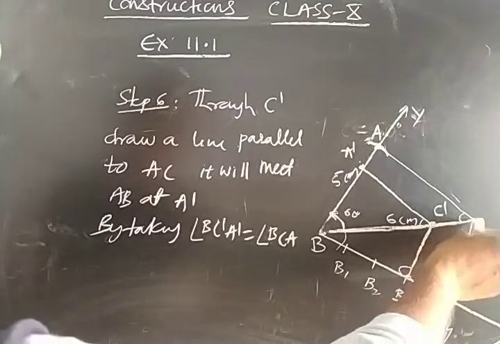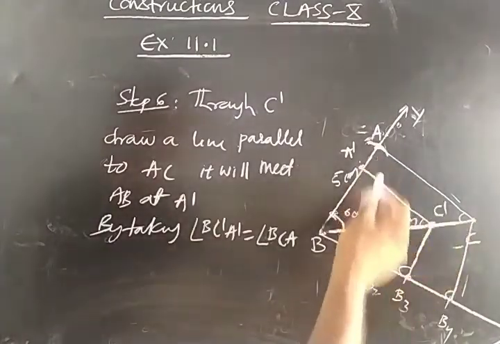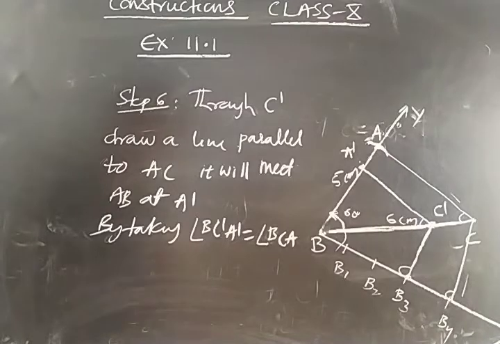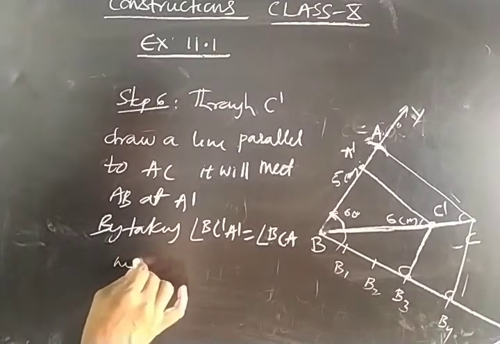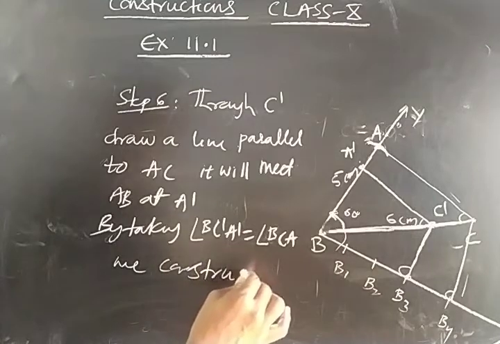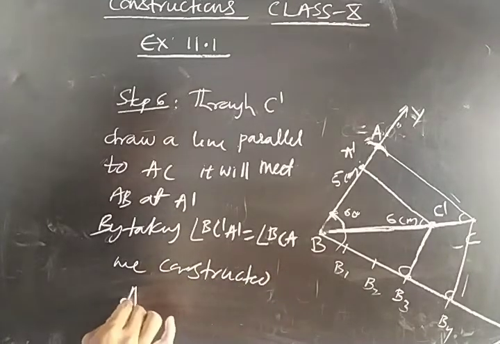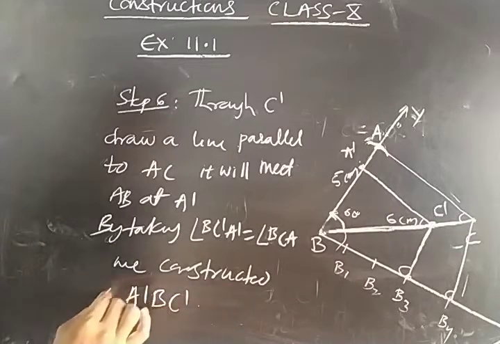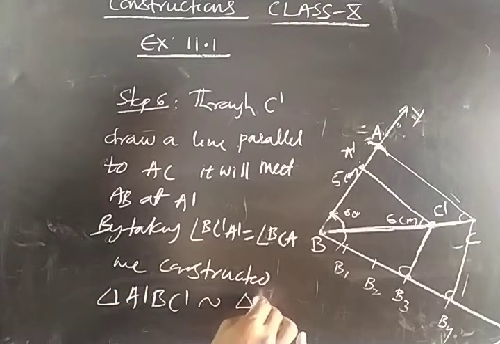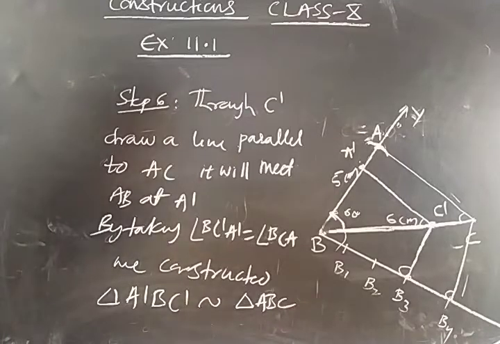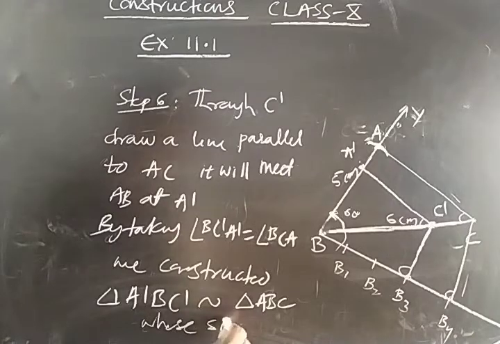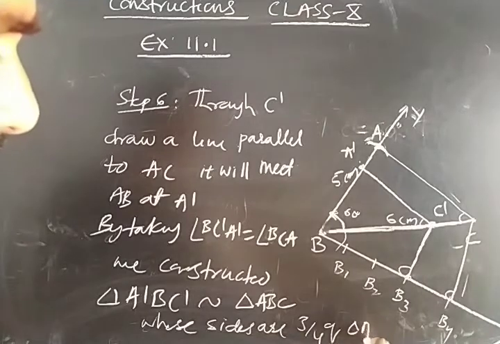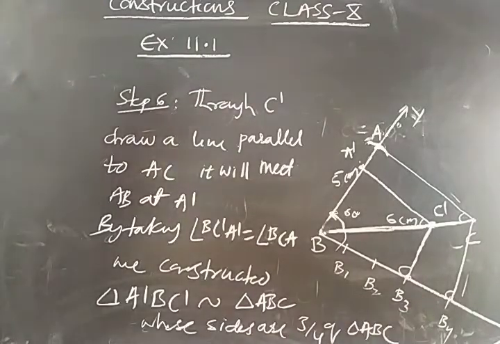This angle should be the same, then only we will get the parallel line. Right, now we constructed triangle A dash B C dash, similar to triangle ABC, whose sides are 3/4 of triangle ABC.